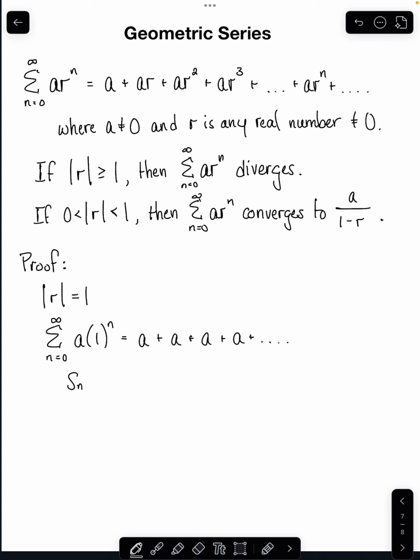So the partial sum of the first n terms will simply be n a's added together. And of course then, the limit as n goes to infinity of n times a is going to be infinity regardless of the value of a.